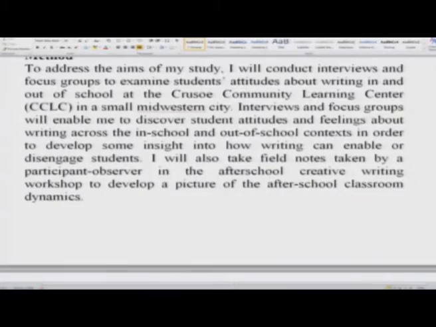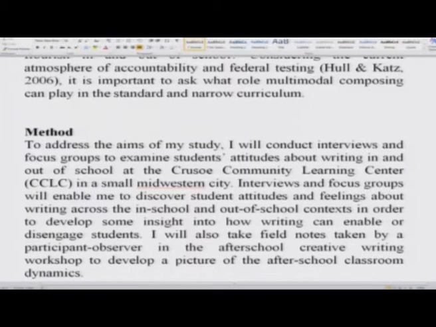So, this CCLC, the full form is written here for the first time. Along with that, the abbreviation is also introduced. So, now readers know when you say CCLC, it refers to this thing.